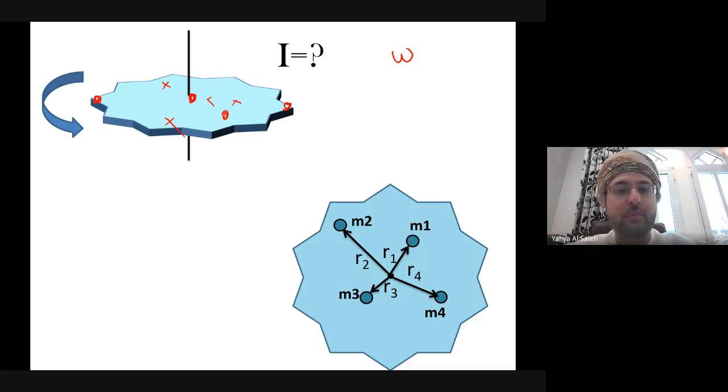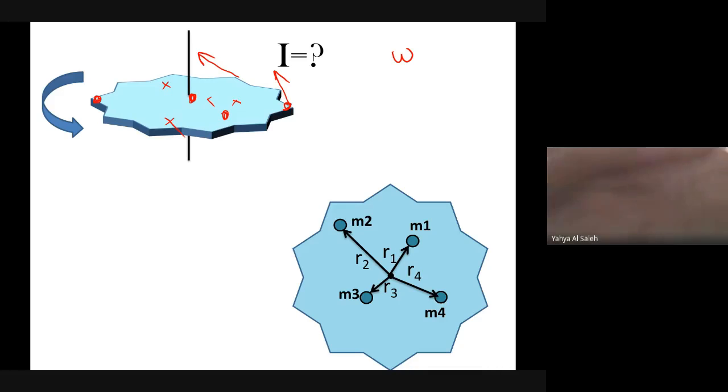Now you have another velocity, which is the tangential velocity. So a point that is here, how fast is it going translationally? Now this translational velocity is equal to v equals r omega.